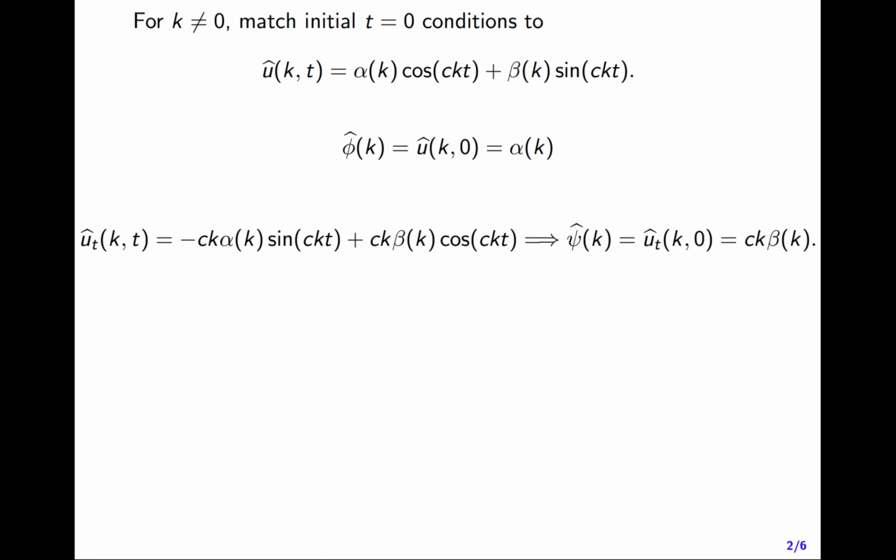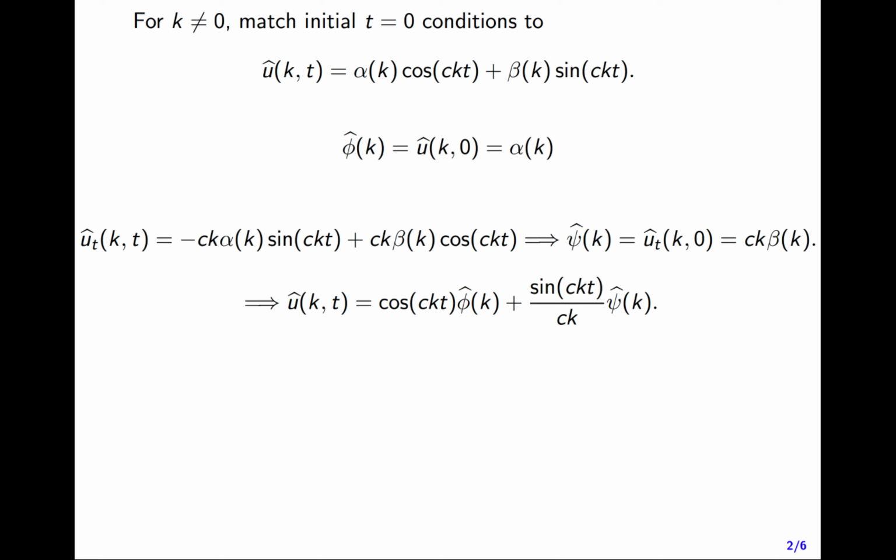And then if I plug in t equals 0 to this derivative, I get ck beta(k). So altogether, I can solve for beta(k) as psi hat(k) over ck, and then u hat(k,t) rearranges to become cosine(ckt) phi hat(k) plus sine(ckt) divided by ck psi hat(k). I just flip the order of some factors around here.